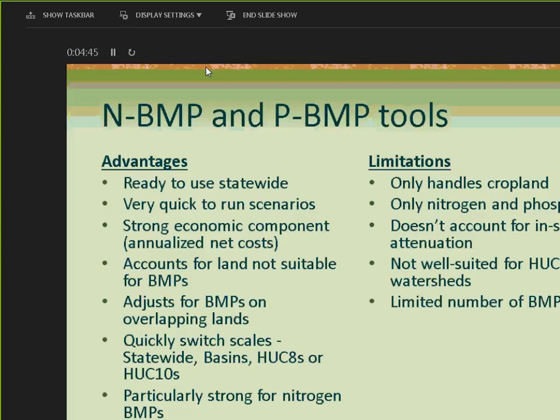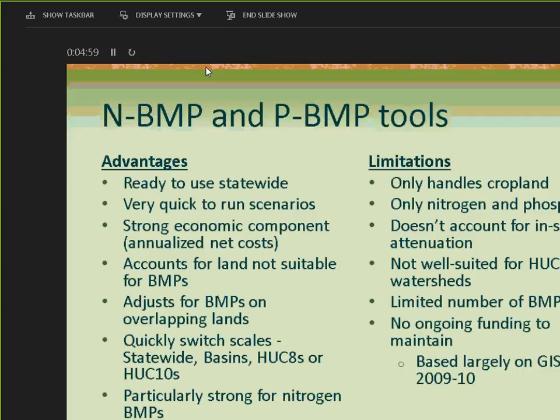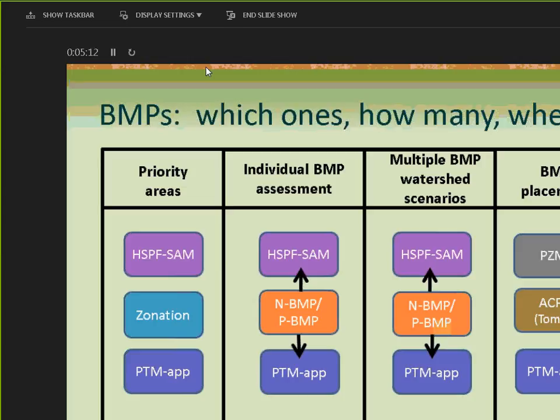There's a limited number of BMPs, 15 different BMPs, 12 main ones for nitrogen and about 10 for phosphorus, and some of those overlap nitrogen and phosphorus. We don't have any ongoing funding to maintain it, and so some of the GIS information was 2009, 2010, so that's definitely a limitation at this point.